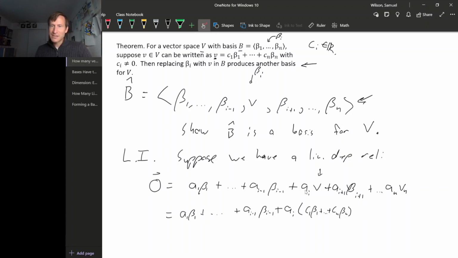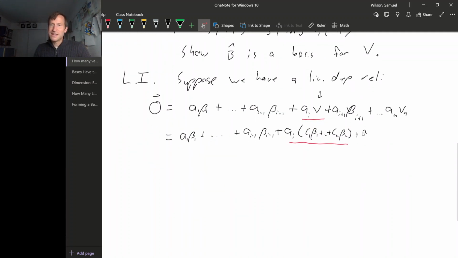This mess here corresponds to the V term in the line before. And then plus a sub i plus 1 beta sub i plus 1 plus dot dot dot down to a sub n beta sub n. This should be a beta right here, not a V.